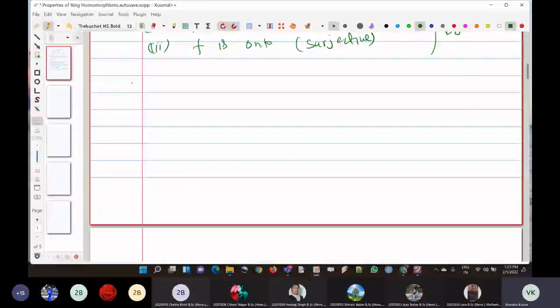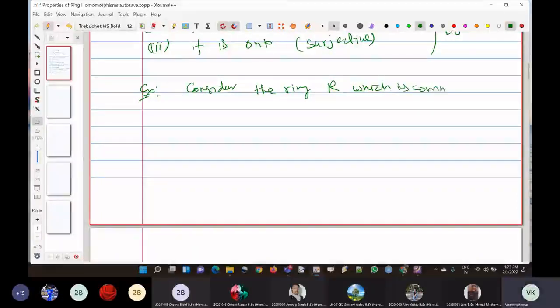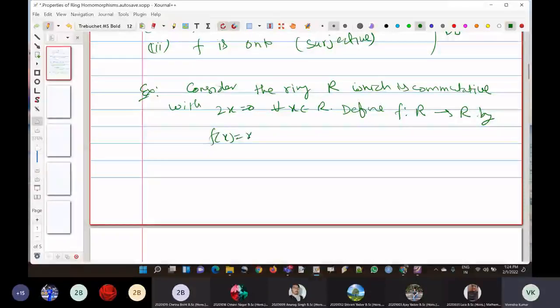Next, let us see another example. Consider the ring R, which is commutative with 2x equals 0 for all x belonging to R. Define f from R to R by f(x) equals x square.